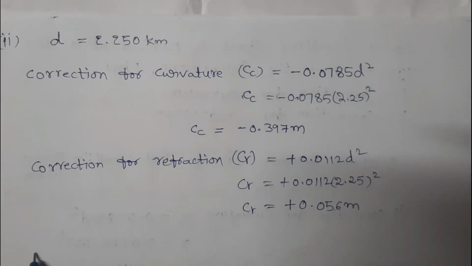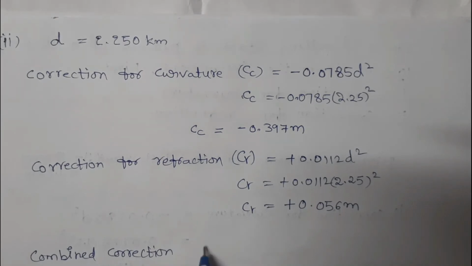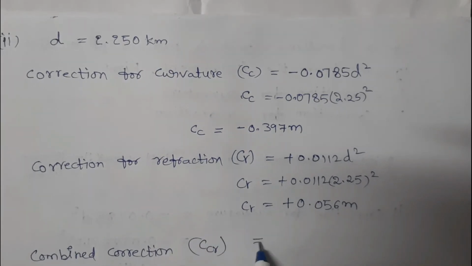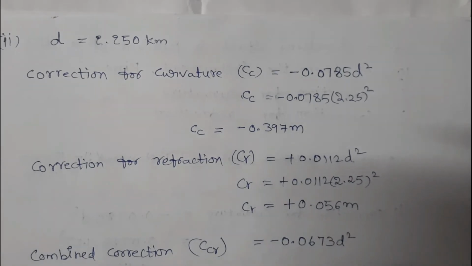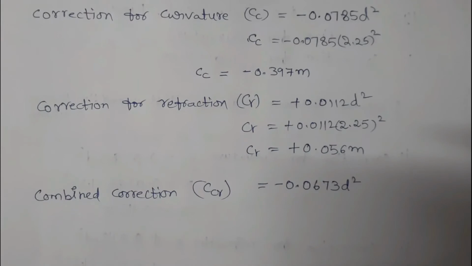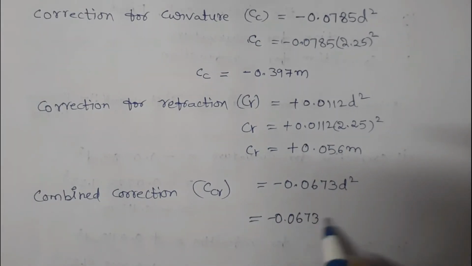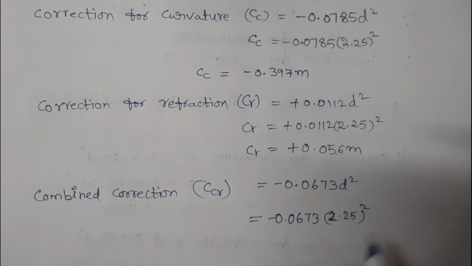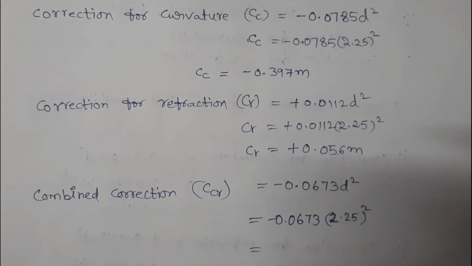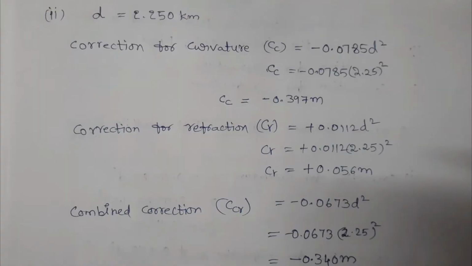Now combined correction. CCR is equal to minus 0.0673 d square, 0.0673 into 2.25 whole square, is equal to minus 0.340 meters.